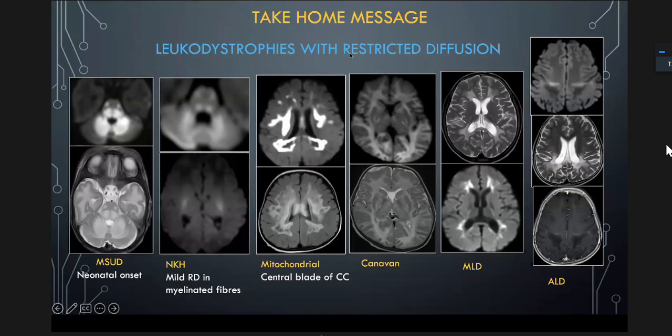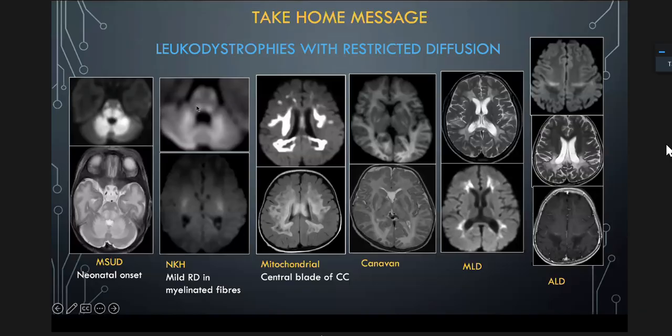Now, leukodystrophies with restricted diffusion, as again I said before, MSUD. So neonatal onset. Think about MSUD when you have brainstem and posterior fossa involvement. Non-ketotic hyperglycinemia.